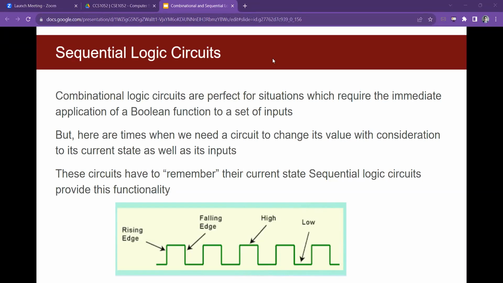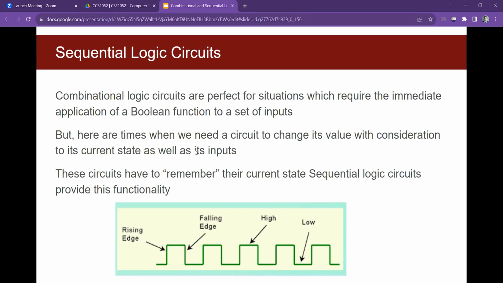There's a message: multiplexer again. Sure. Please give me a little time to give some introduction to sequential circuits. As I mentioned earlier, combinational circuits depend only on the present input, but sequential circuits depend on both the present input and the previous output.